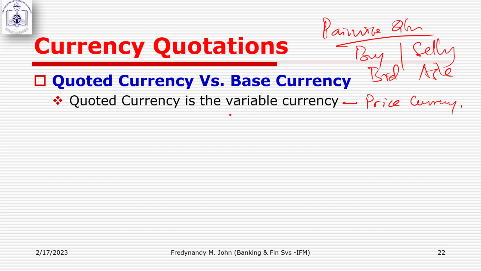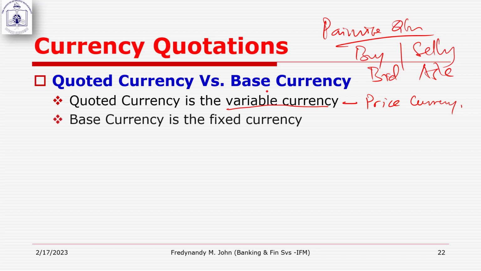That is the currency that varies in an exchange rate quotation. On the other hand, base currency is fixed at one unit or specific unit.